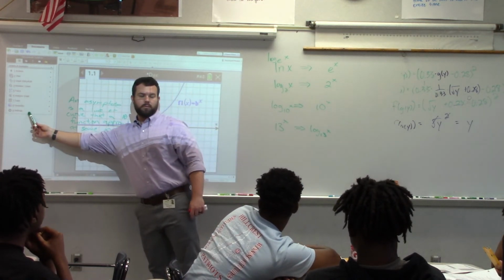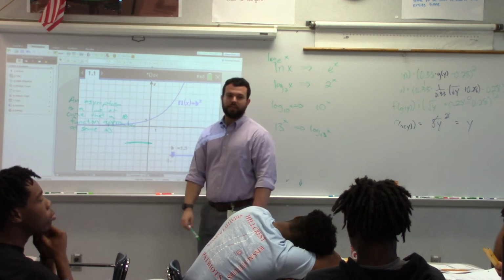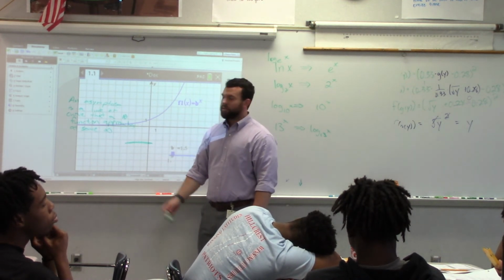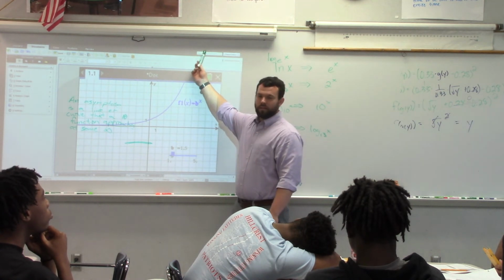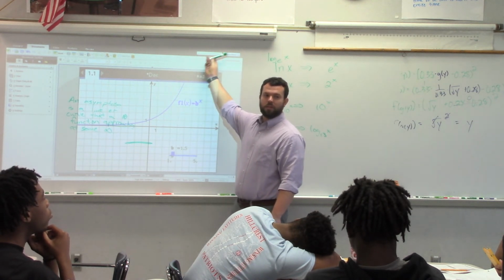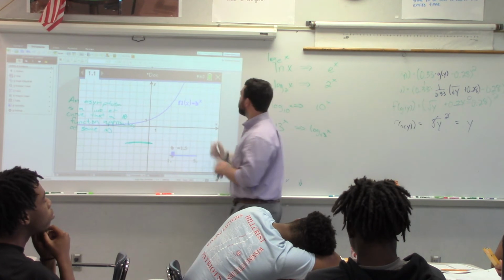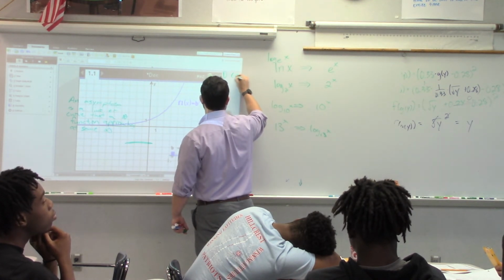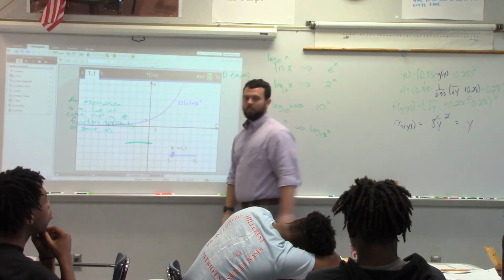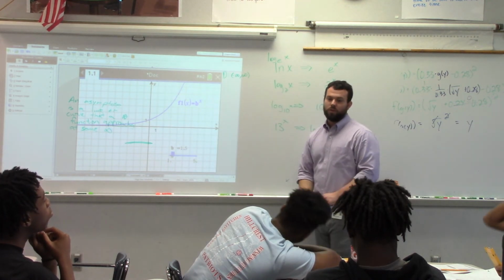Yeah, so the lowest x is negative infinity. What's the largest x value? Not the fact that it's going up, but the fact that it's going to the right. So what's my domain? Right? What's the range?